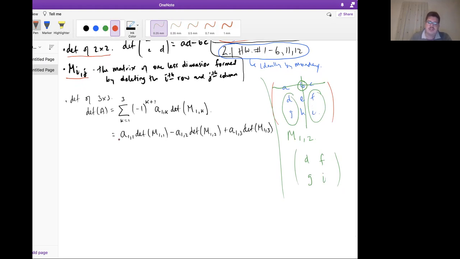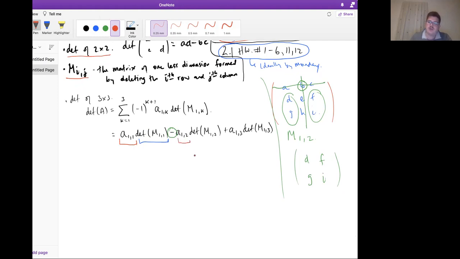It was the first entry times the determinant of the matrix formed by deleting the first row and first column, and then we have this minus sign, and then we do the same thing.